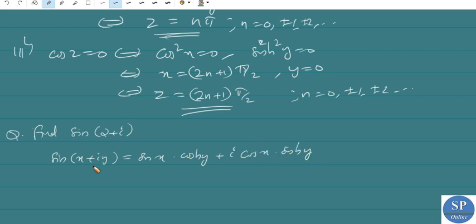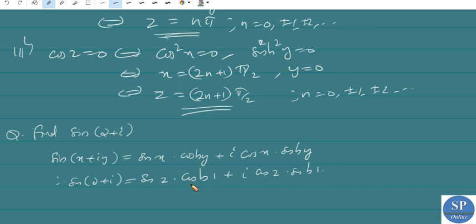This is the expansion of sin of x plus iy, or sin z. So therefore sin of 2 plus i is equal to sin 2 cosh 1 plus i into cos 2 sinh 1. By using the calculator we can find the values.